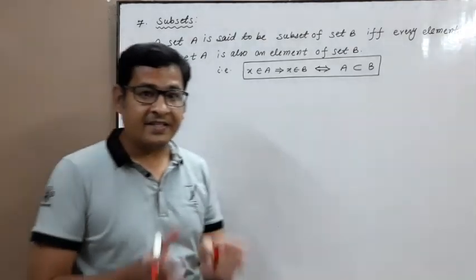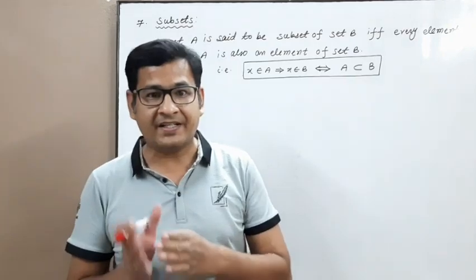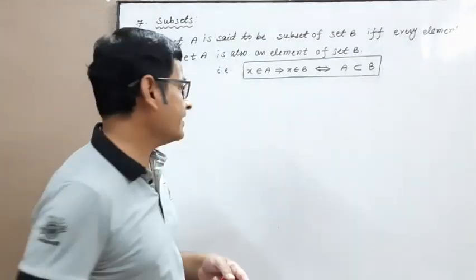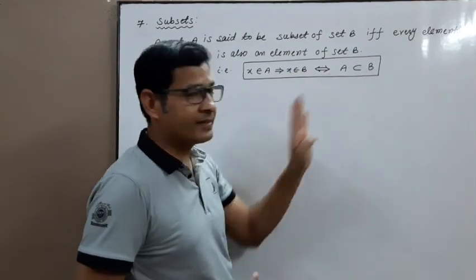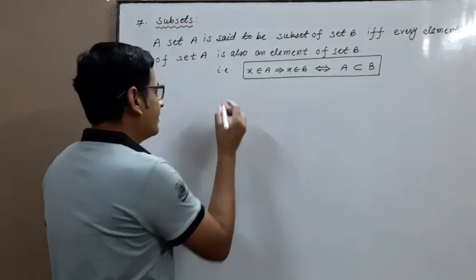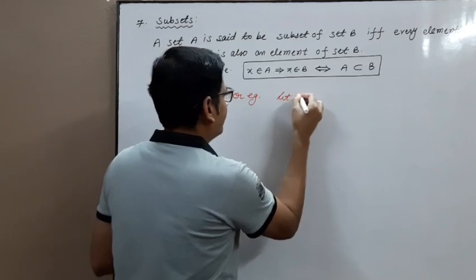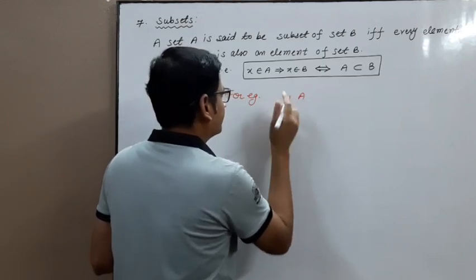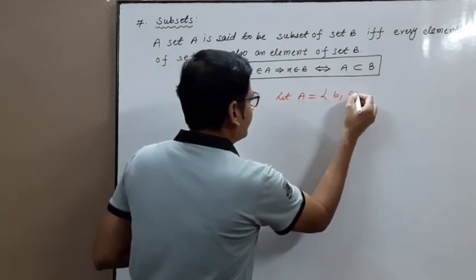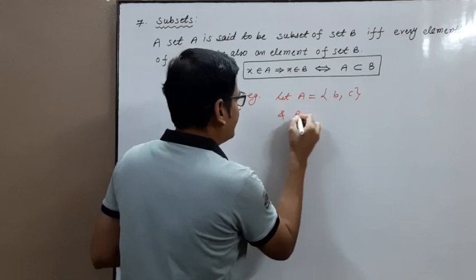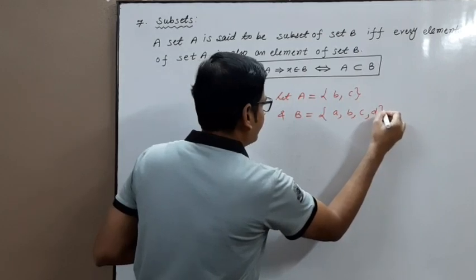Next, 7. Subsets. A set A is said to be a subset of set B if every element of set A is also an element of set B. That is, x belongs to A implies x belongs to B if and only if A is a subset of B. For example, let A is equal to {b, c} and B is equal to {a, b, c, d}.